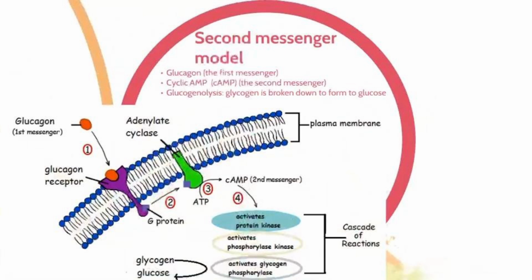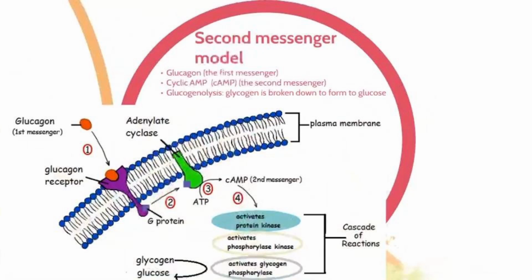So we now have active glycogen phosphorylase enzymes, and these catalyze the breakdown of glycogen into glucose. If you remember with the insulin, we could get glucose converted into glycogen. We can now do the opposite. So we can break down glycogen, which is a store that we can keep in our body for when we do have low glucose levels.